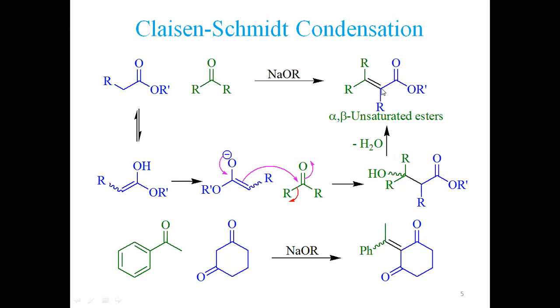This is called alpha carbon. This is beta carbon. Alpha is coming from the ester and beta carbon is coming from the ketonic carbonyl system. So we are having an alpha beta unsaturated double bond. So this type of final product is entirely different from the Claisen products.